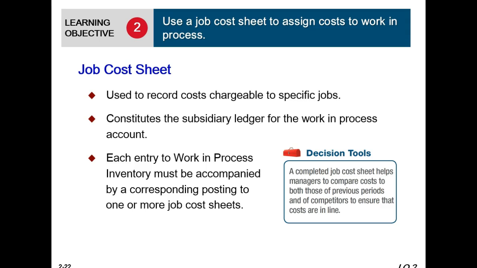In financial accounting, you learn that you need to have documentation for every journal entry you record; you have to have a source document. In managerial accounting, the source documents will show how much was requested from raw materials and transferred over to work in process. So you still need a source document, but those source documents are going to be job cost sheets, okay?